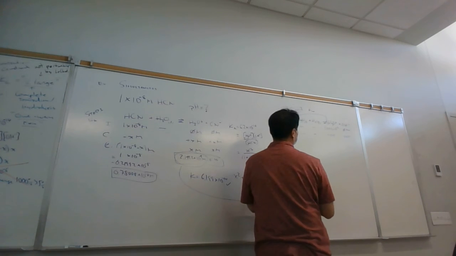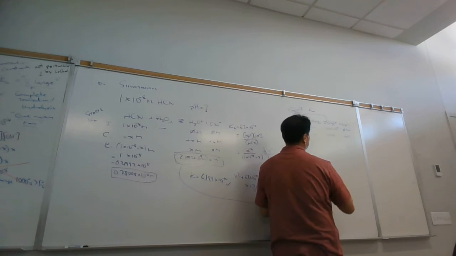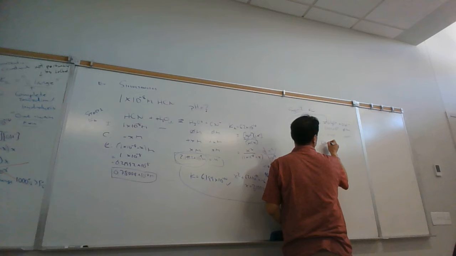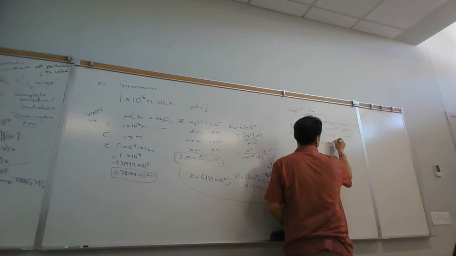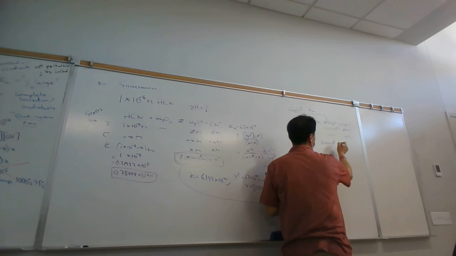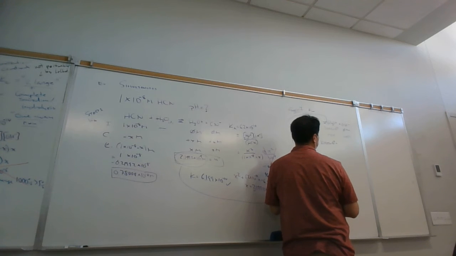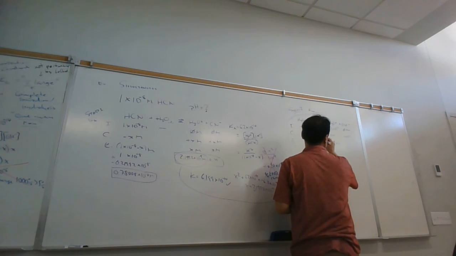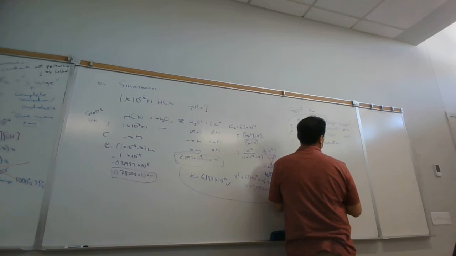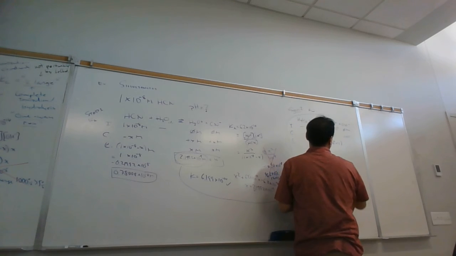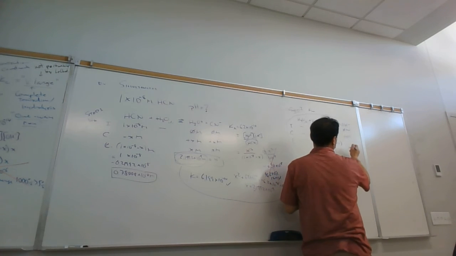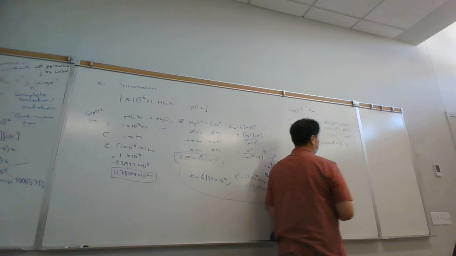And so at equilibrium, I'm going to have the hydronium from step 1, which is 2.1992 times 10 to the minus 9, plus the hydronium from step 2, which is just X added. And then I'm going to have this X here for the hydroxide.